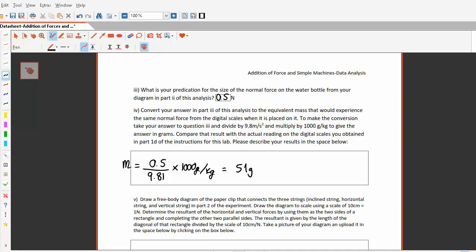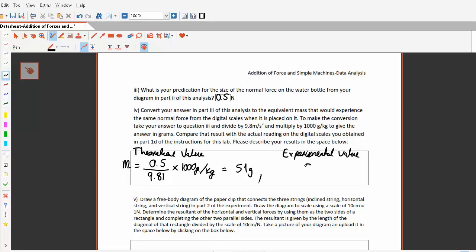So here, that's the theoretical value. And then right next to that, your experimental value. This is the reading that you got on the scales.